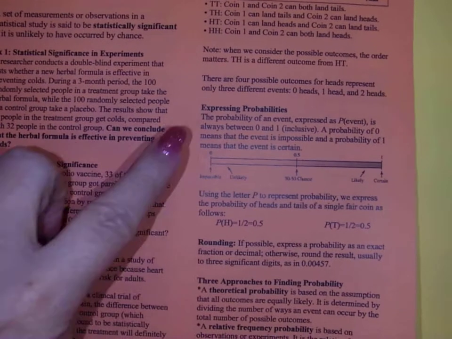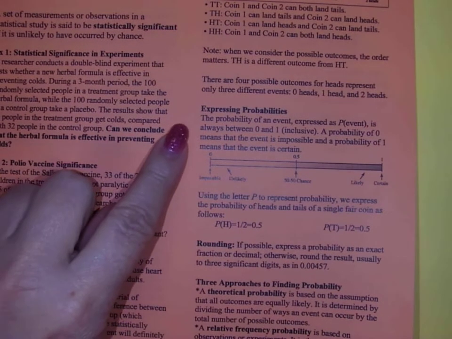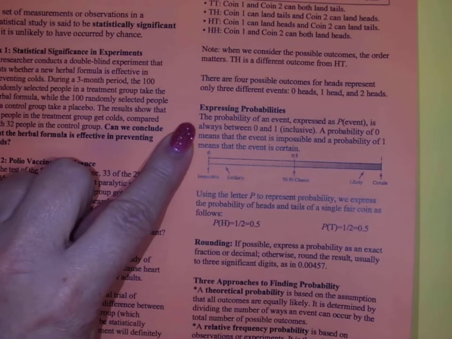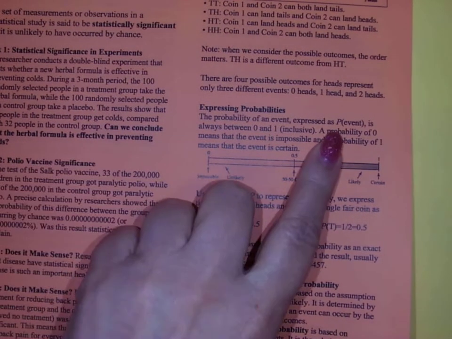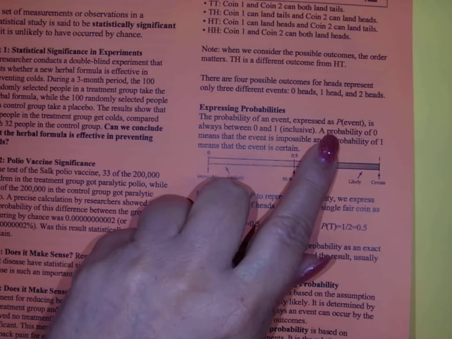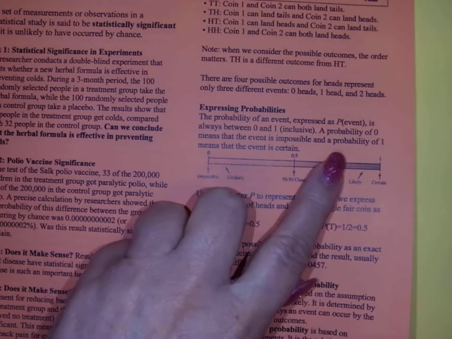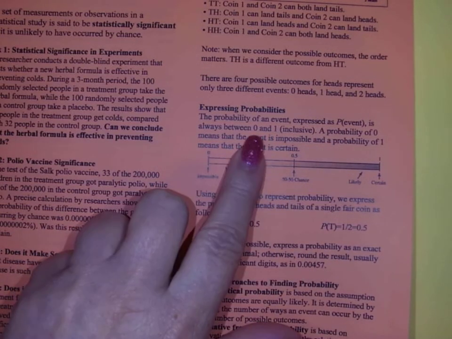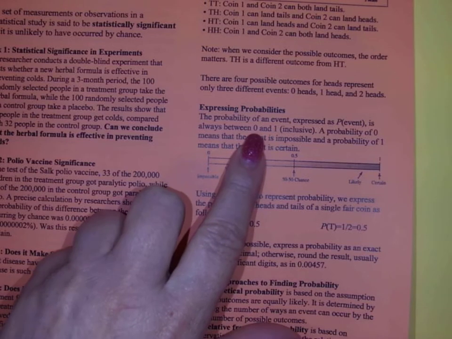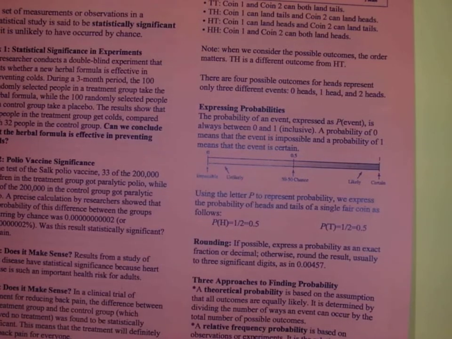All right, so expressing probability, the probability of an event is written as P of the event, like the probability of heads or probability of tails, as we've looked at so far. It's always going to be somewhere between 0 and 1, and including 0 and 1. That's what inclusive means.